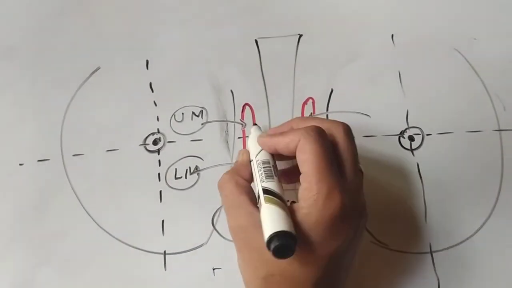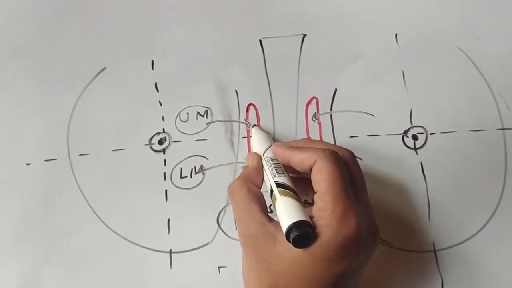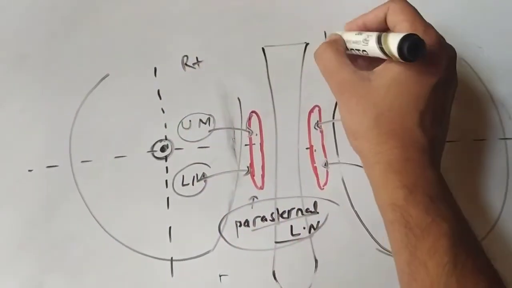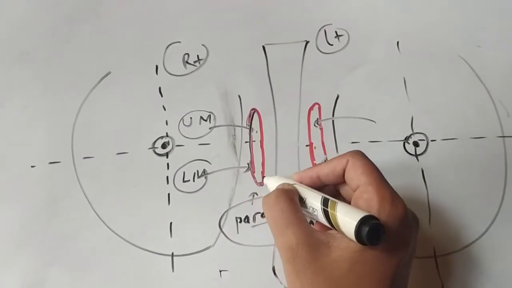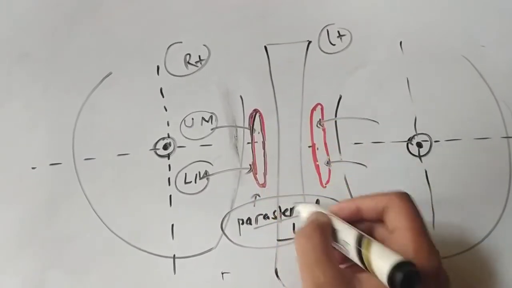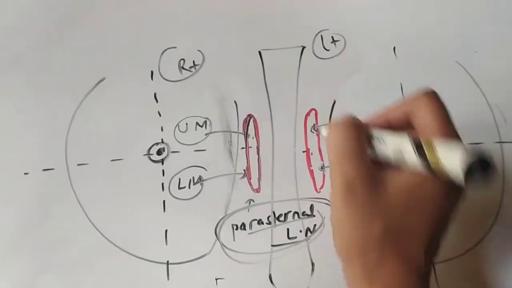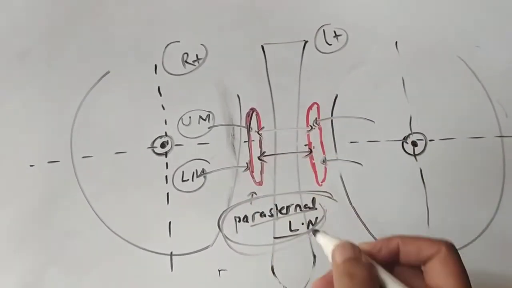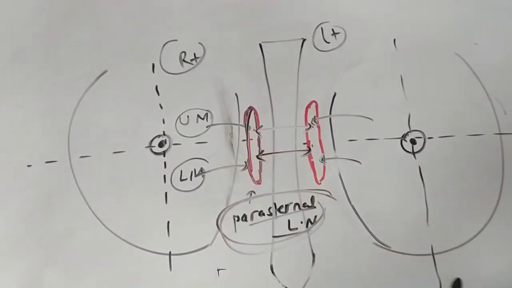And let's suppose this is the right side and this is the left side breast. Whatever lymph is coming into the parasternal lymph node of the right side and the parasternal lymph node of the left side, both get intermixed. So we can say that there is a connection between the right parasternal lymph nodes and the left parasternal lymph nodes.